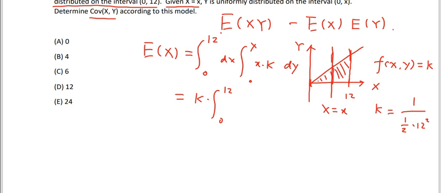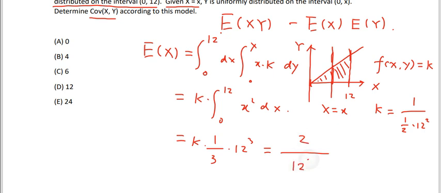Okay, so here x, and here from 0 to x dy is also x, so this equals x squared dx. So this equals k times 1 over 3, 12, 3, right? So what is k? We say k equals this. So we can put a 2 over 12 squared.